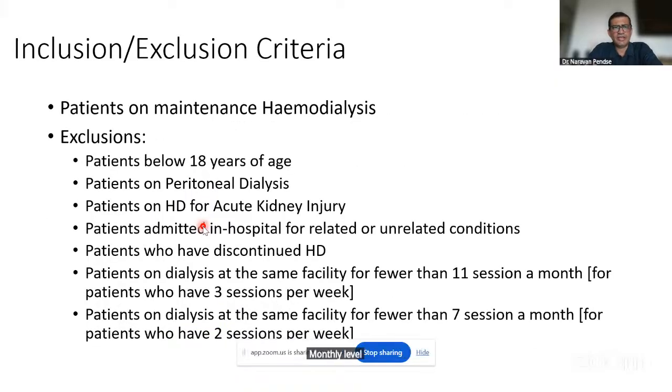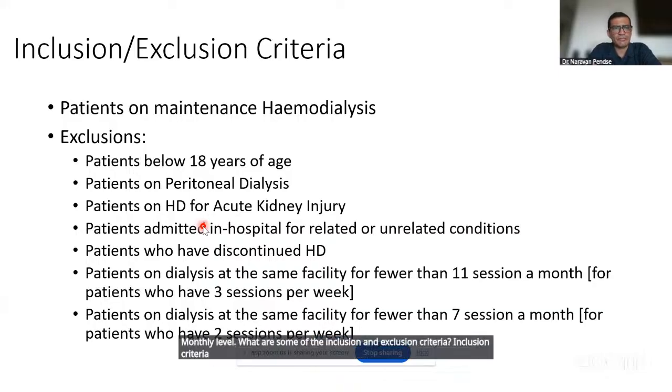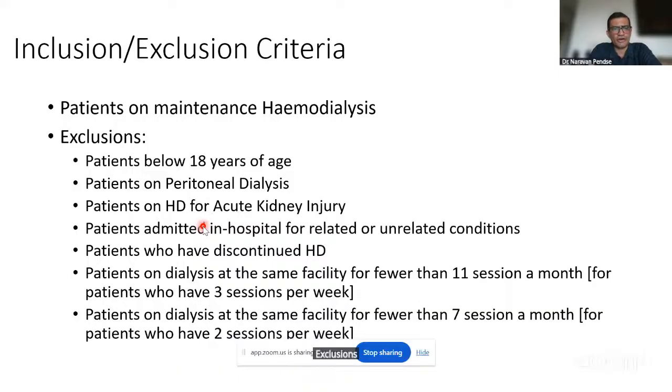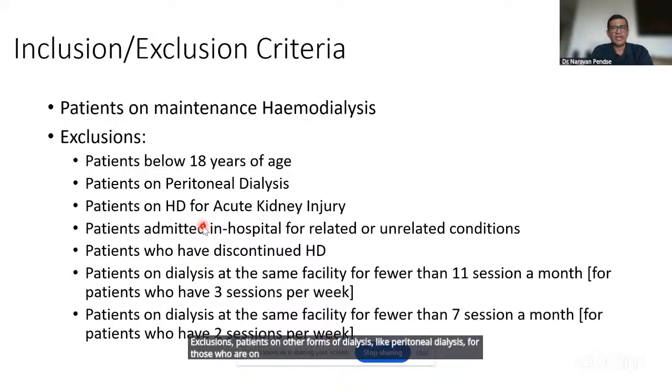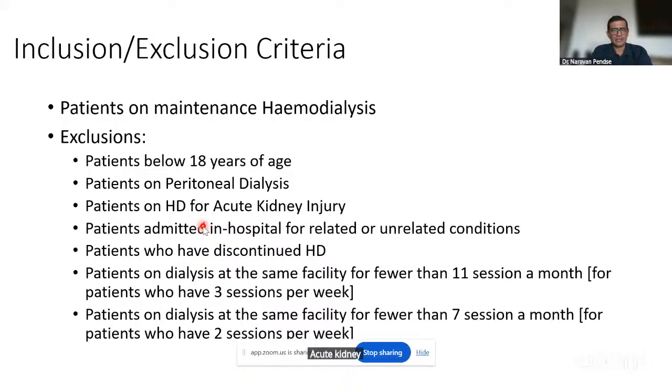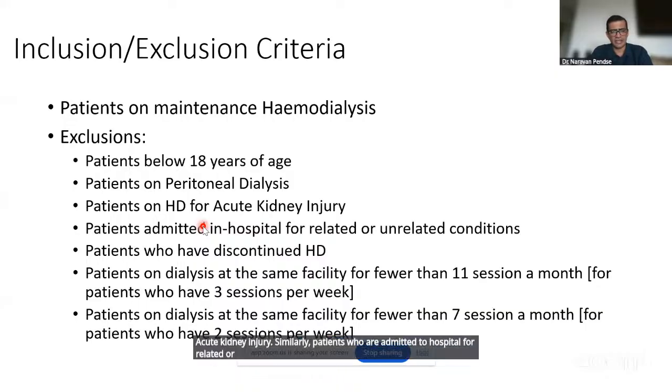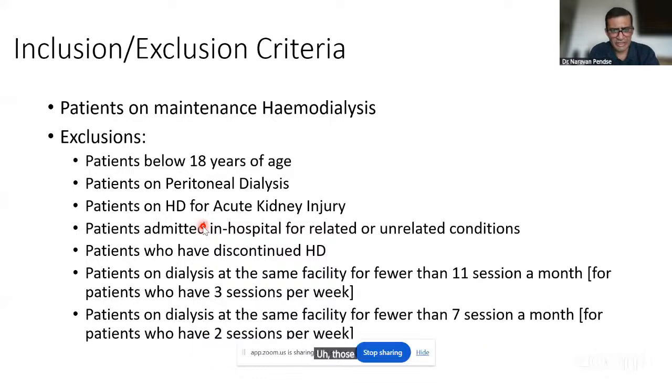What are some of the inclusion and exclusion criteria? Inclusion criteria is straightforward: patient on maintenance hemodialysis. Exclusions: patients on other forms of dialysis like peritoneal dialysis, or those who are on hemodialysis for acute kidney injury. Similarly, patients who are admitted to hospital for related or unrelated conditions, those who have received renal transplant, etc. So those are some of the exclusion criteria.